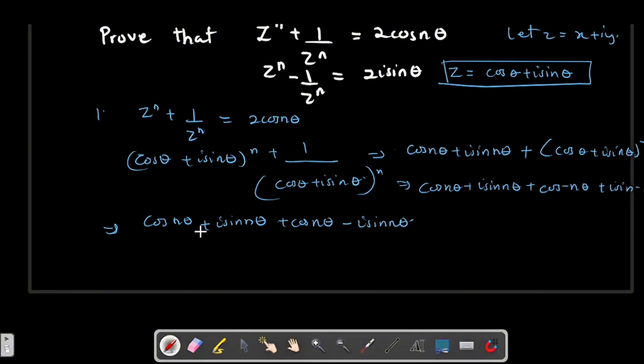So this happens to be cos n theta, cos n theta. I'm going to get 2 cos n theta. Then I'll have this canceling this. Therefore, this and this are the same, so it is proved. You can clearly see that we are getting this as proved.